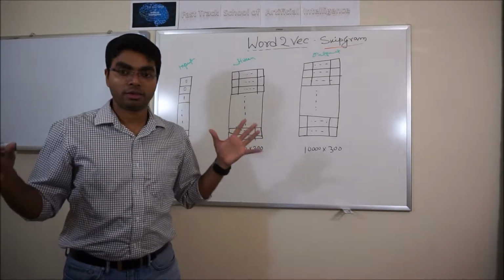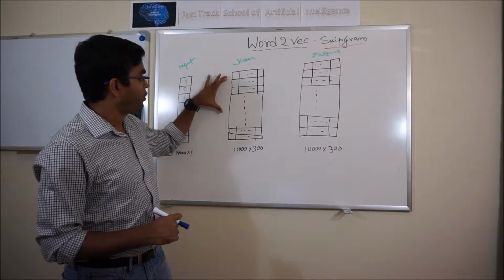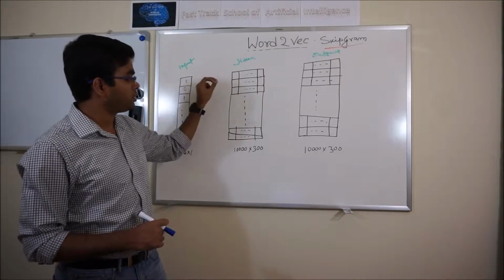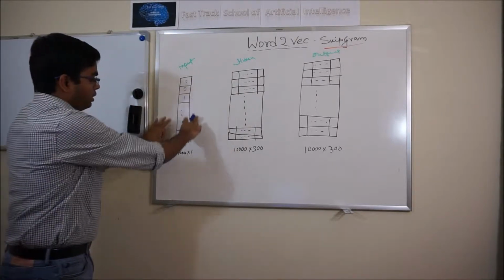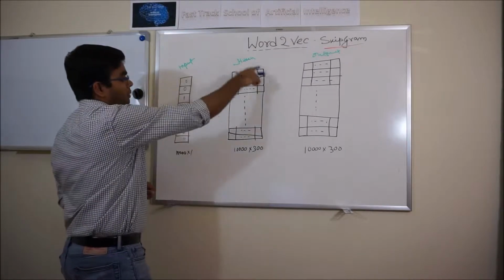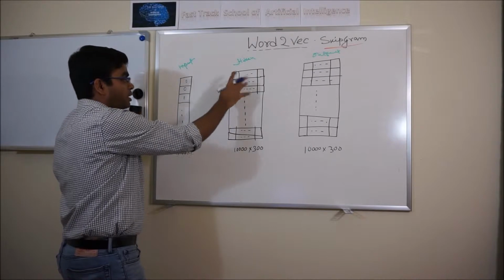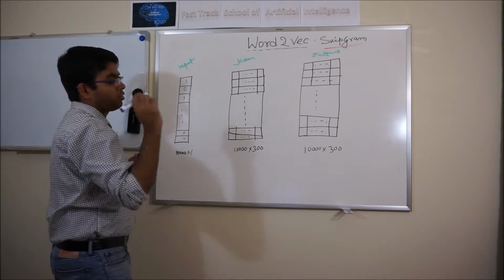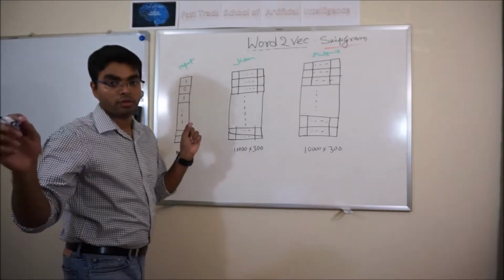For example, if you multiply this input by this vector space matrix, you are going to get only one row which will contain 300 values.